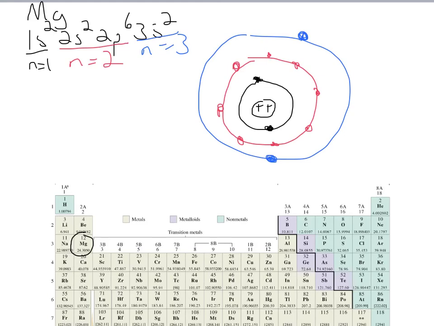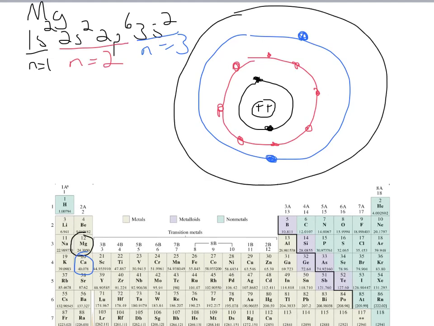Now if we look at magnesium and calcium, calcium is going to have another electron shell, the n equals 4. If this is n equals 4, it's going to have 2 electrons in this shell.